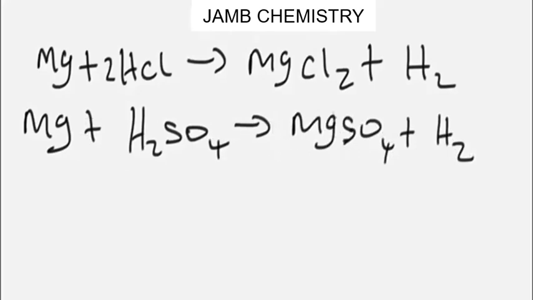Magnesium is 1, magnesium is 1, hydrogen is 2, hydrogen is 2, sulfur 1, sulfur 1, oxygen 4, oxygen 4. So this chemical equation is also what? Balanced.